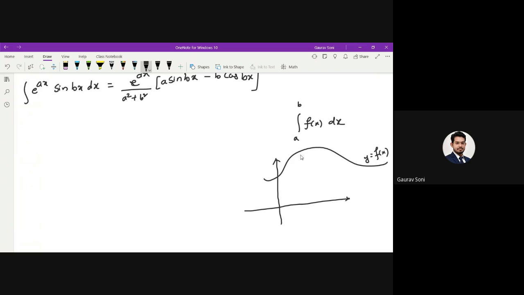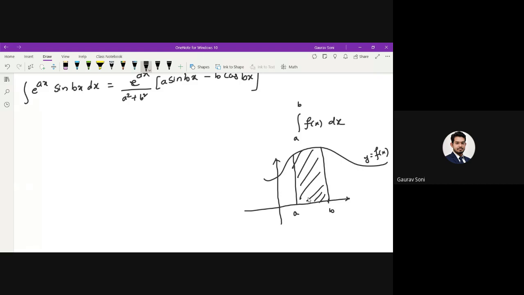When you do the integration from a to b, a and b are the points on x axis, and integration a to b f of x dx represents this area under this curve, right?